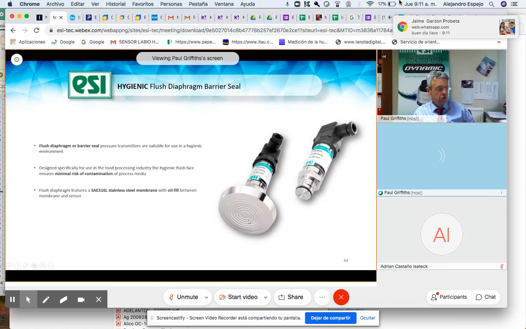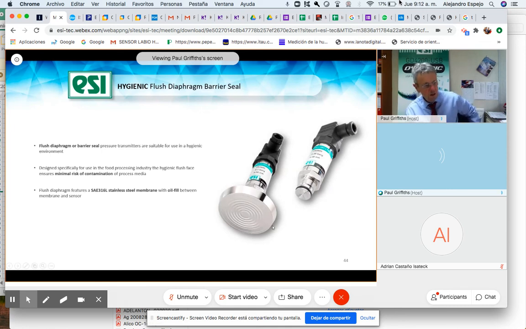They won't lodge on the surface. And of course, periodically, when systems are cleaned, you can take the transmitter out very easily. Usually they clamp in, with a very simple clamp or nut, so it's easy to remove, and then you can clean the surface.